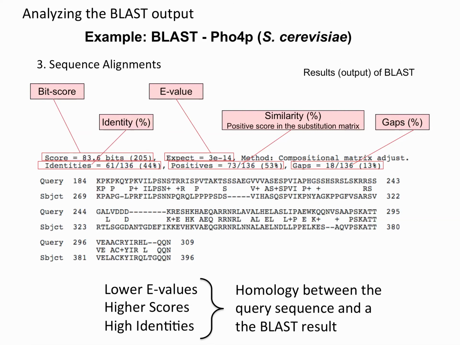So, for us to consider a hit biologically significant, we need to obtain lower e-values, high scores, and high values of identities and similarities in the alignment.